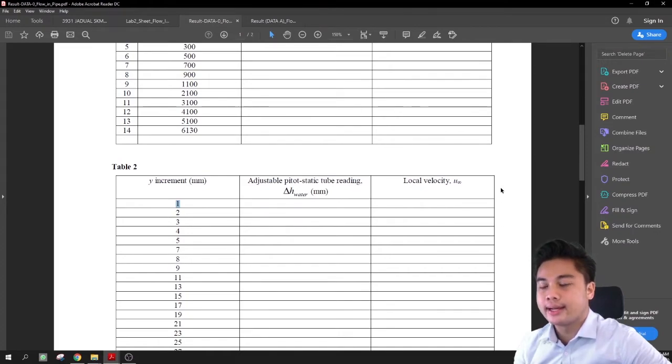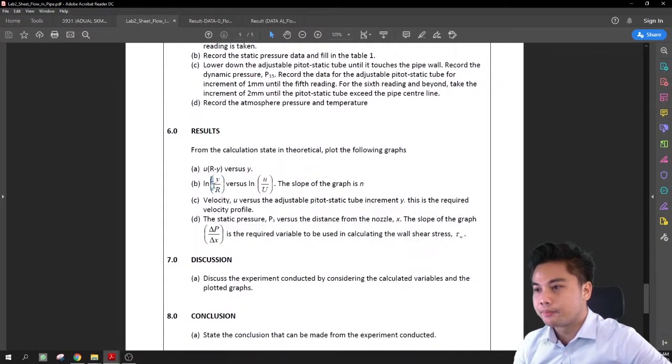You need to create additional columns, column number 2 and 3, just for ln of this one and ln of this one, in order for you to tabulate the graph for part B. From this part you get the slope, which is the power law exponent n.